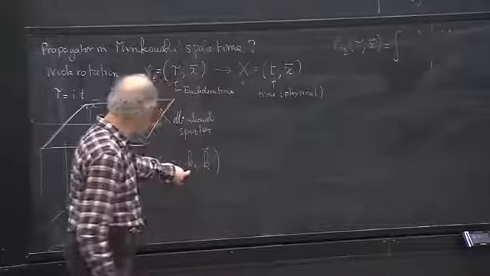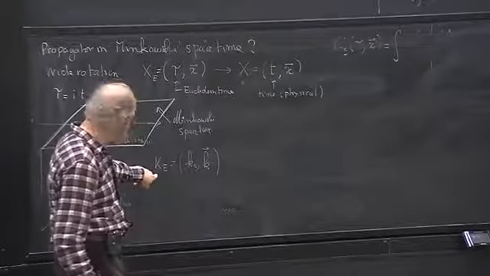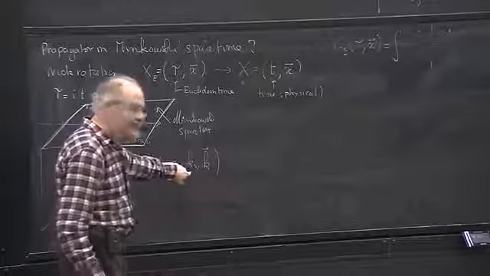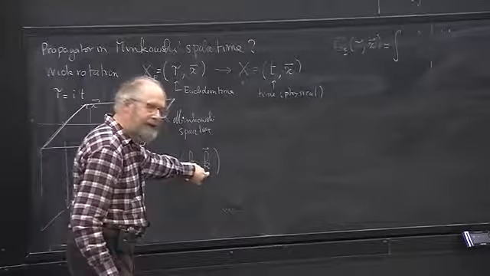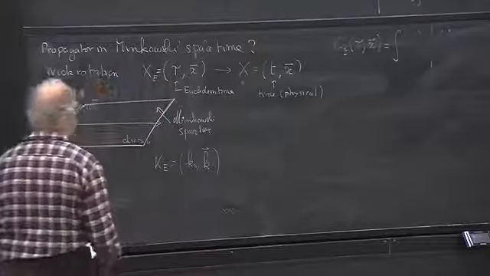So k0 is the first component of the conjugate momentum to Euclidean time, and the last ones are the conjugate momenta to the spatial coordinates.